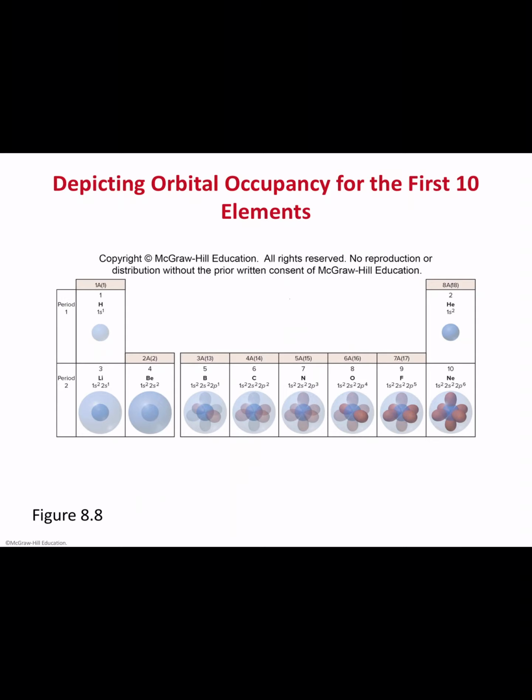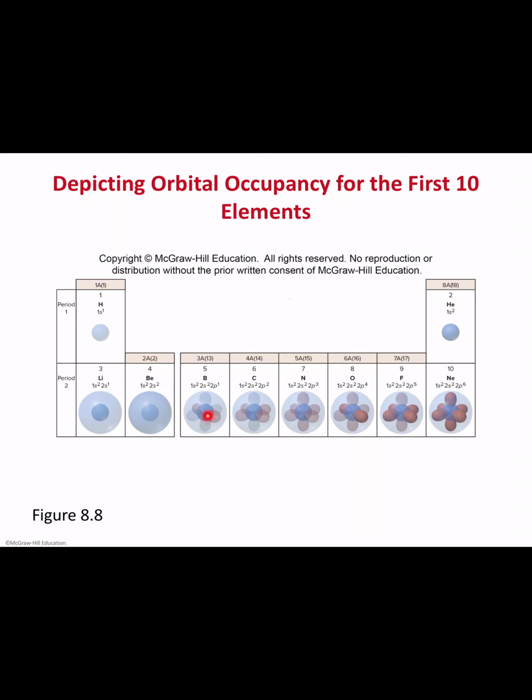Hydrogen is 1s1, and then helium 1s2. And when you come to lithium, it has 3 electrons. That would be 1s2, 2s1. In the 2s you have 1 electron. And beryllium, being 4, is 1s2, 2s2.